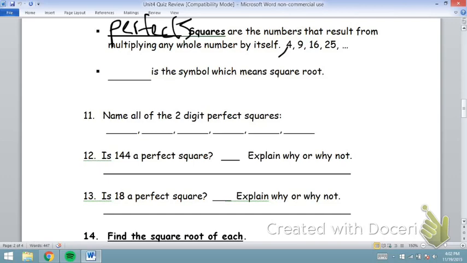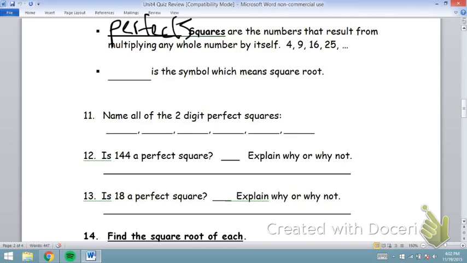For instance, 4 is a perfect square because you can multiply 2 by itself and get 4. 9 is a perfect square because you can do 3 times itself and get 9. 16 is a perfect square because you can do 4 times itself and get 16. And then 25, you guessed it, is a perfect square because you can do 5 times 5. And they just keep going up from there.